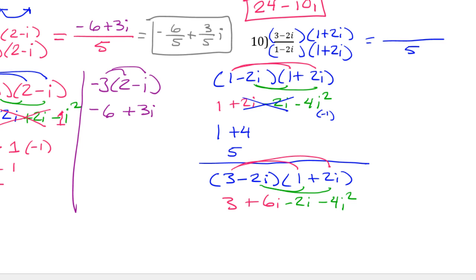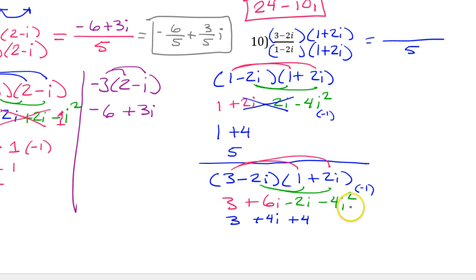Okay, so I'm going to have 3. Now combining these like terms, 6i minus 2i is 4i. Now i squared, again, is negative 1. So this is like negative 4 times negative 1. That will become a positive 4 with no i.